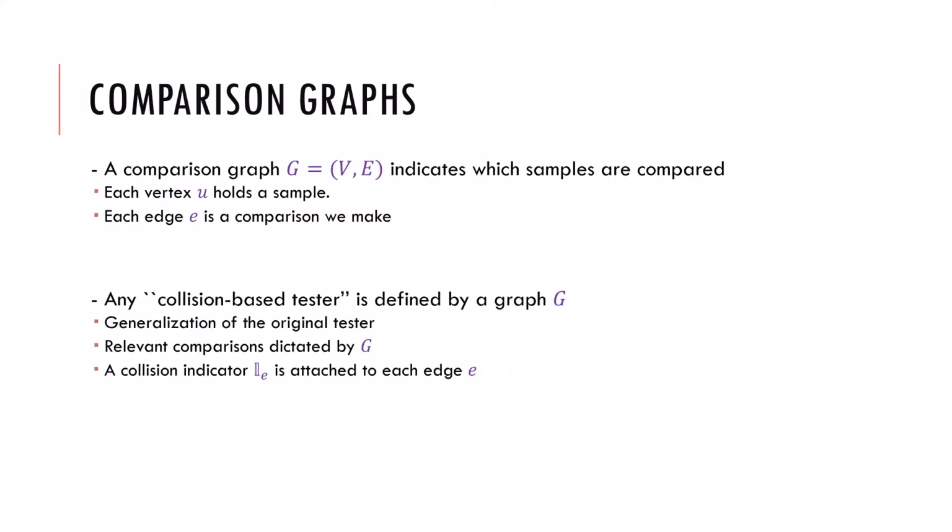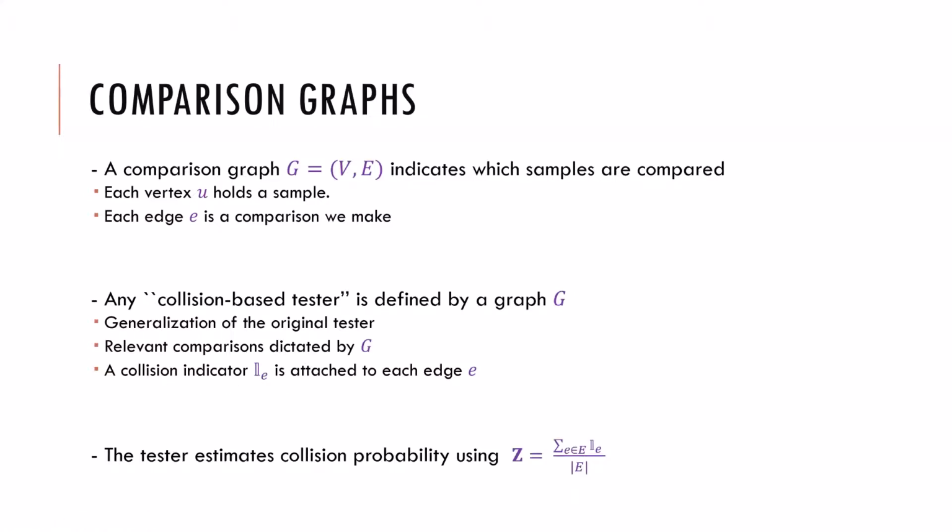And using this, we can induce a generalized notion of a collision-based tester, where each graph induces a specific instance of a collision-based tester, and it does so in the following way. The edges merely indicate where we want to look for collisions. So for each edge of G, we have the indicator of whether it has a collision on the two sides of it or not.